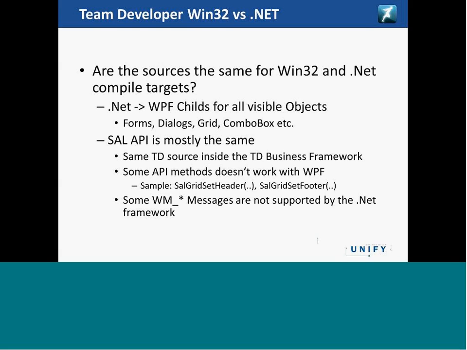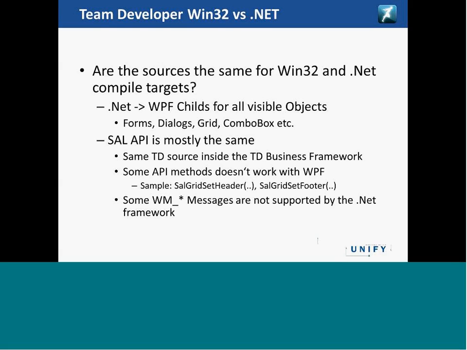Some API methods don't work for WPF, like SalGridSetHeader and SalGridSetFooter. You will find a list of these methods which are not supported in .NET inside our academy. There is a lot of information about what's different now, how to compile, and how to publish, for example, applications to the web. And some WM methods are not supported by the .NET Framework.